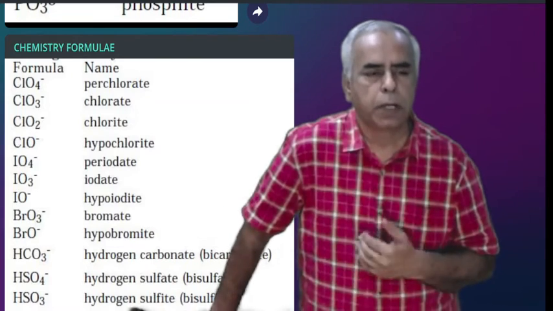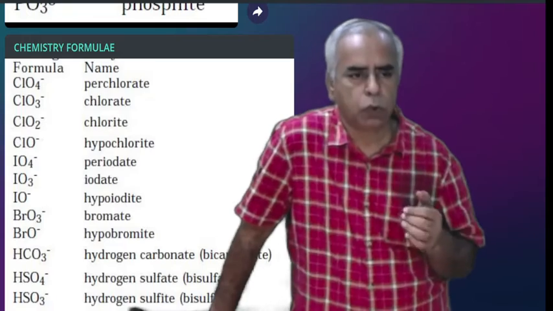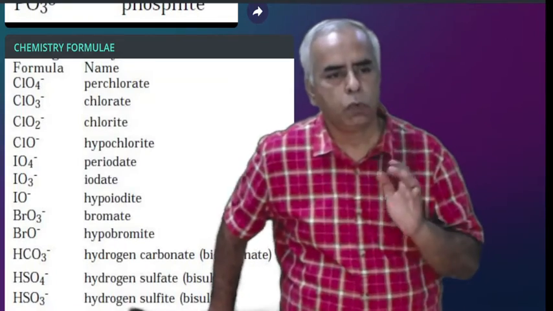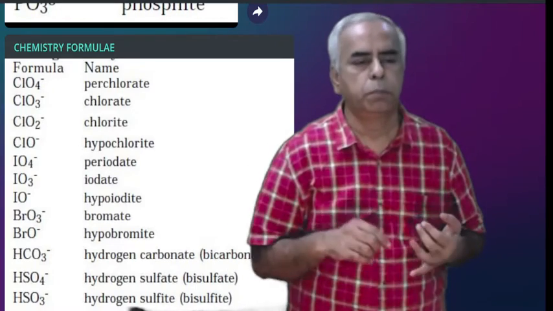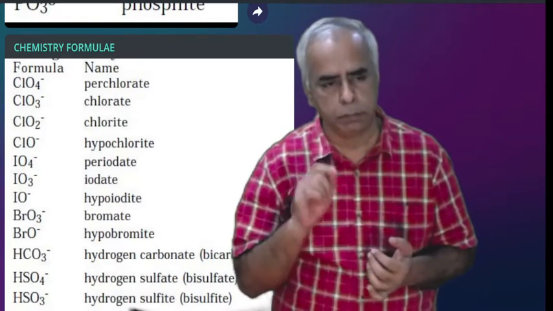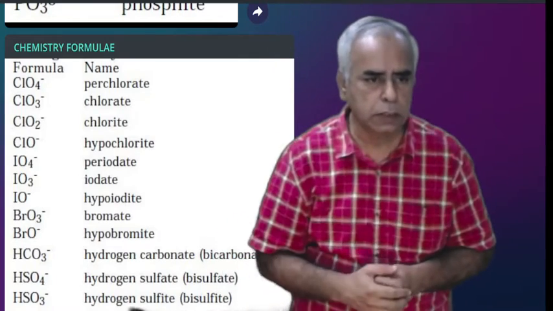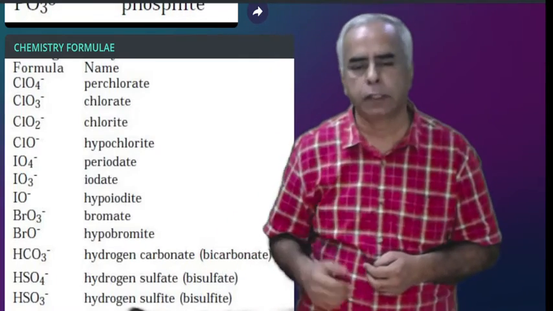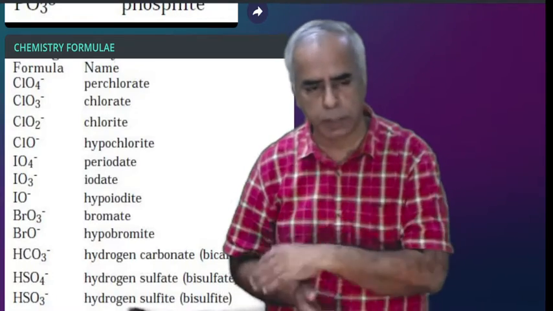Similarly we have periodate IO4 minus, then iodate IO3 minus, then IO minus, hypoiodite. And similarly bromate BrO3 minus, hypobromite BrO minus, then hydrogen carbonate, also called bicarbonate, HCO3 minus.